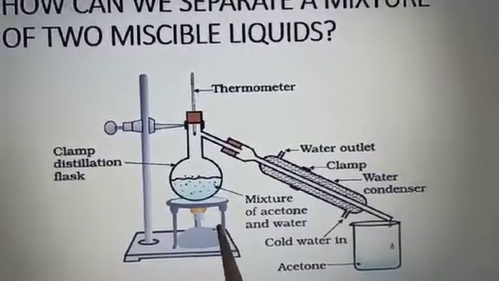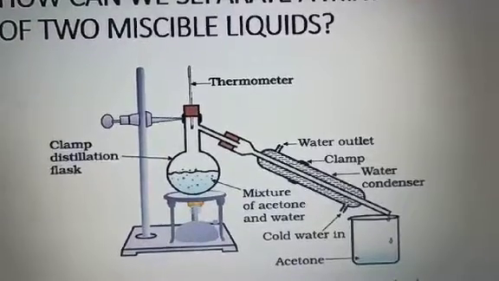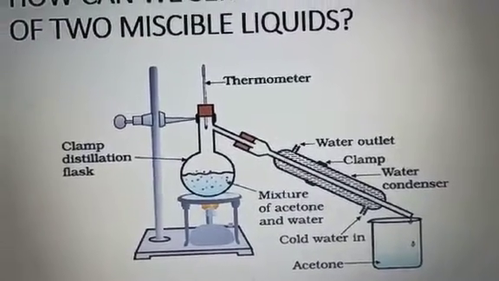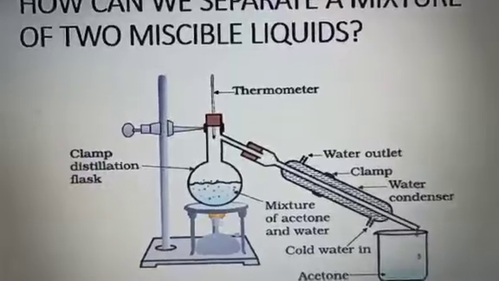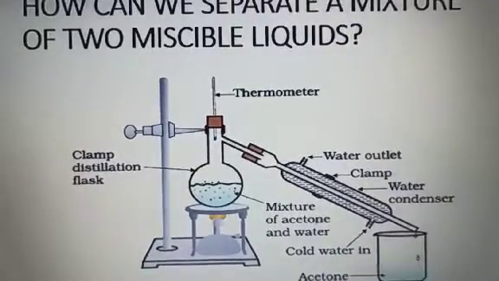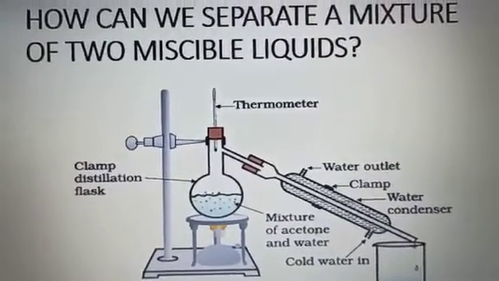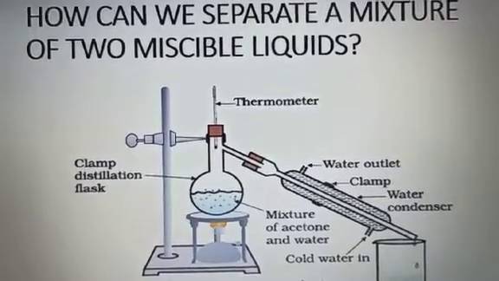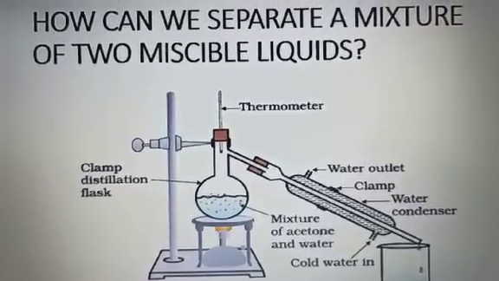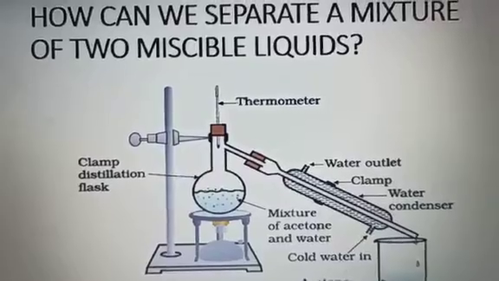So what is happening when this mixture is heated? You know that acetone has a boiling point of 56 degrees Celsius, whereas water has a boiling point of 100 degrees Celsius. So which vapors will arise first? Obviously, those of acetone.